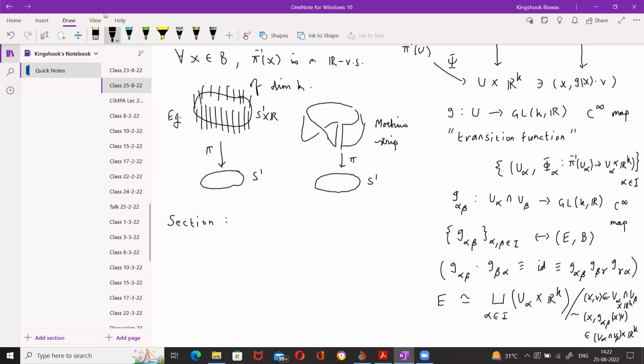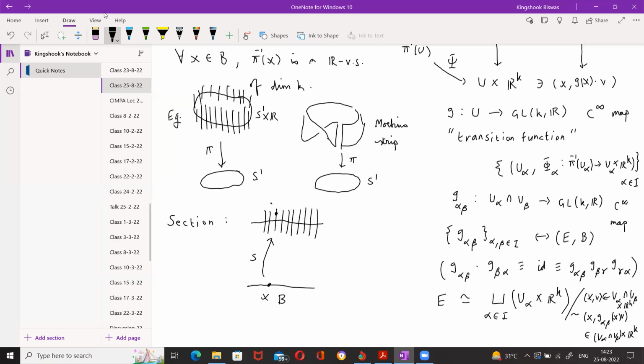So I have my vector bundle. And then I have my base, and a section is a map from the base to the total space, such that for each point below, say x, I choose a vector s of x in the fiber above.